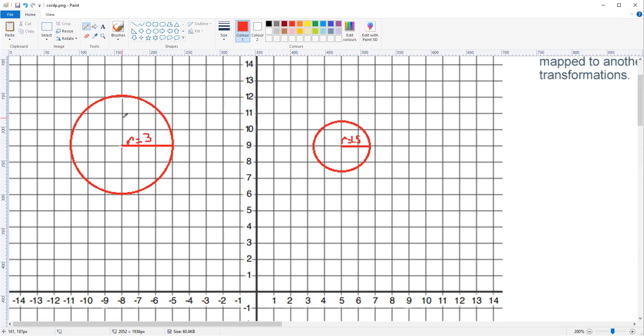Say I wanted to map this one onto this one. This is my center point. My center point is 8, 9. Negative 8, 9.